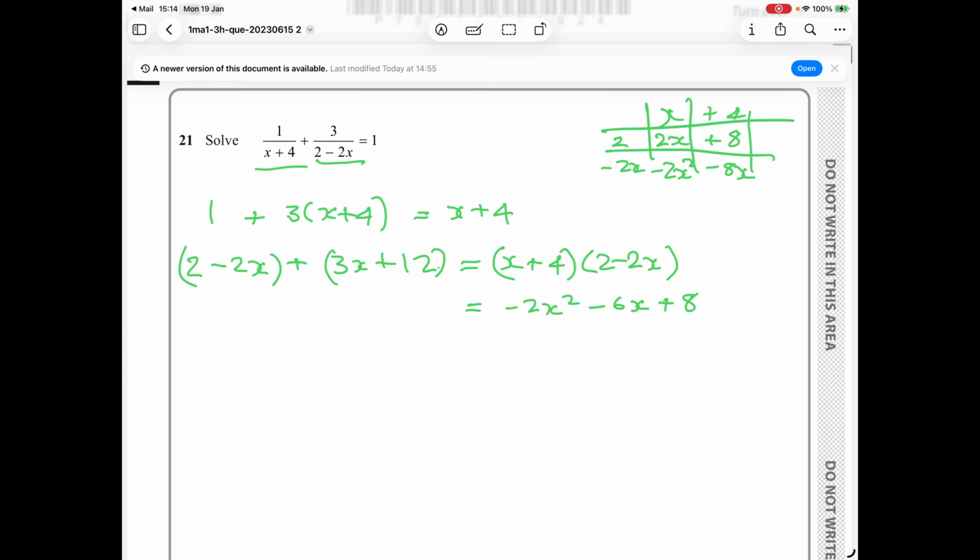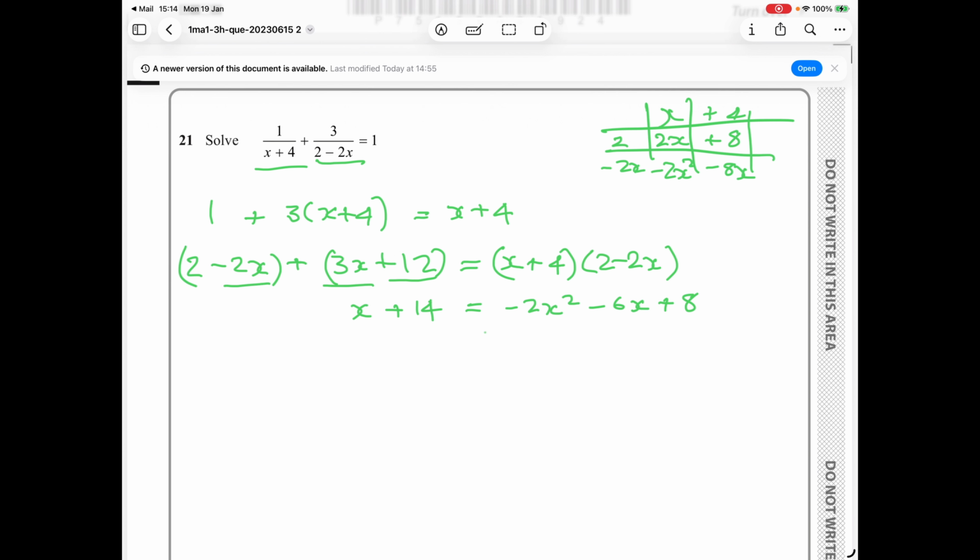And we know that on this side we get 3x minus 2x, which is an x, and 12 plus 2, which is 14. I think that's right. 2 plus 12 is 14, minus 2 plus 3x is that.